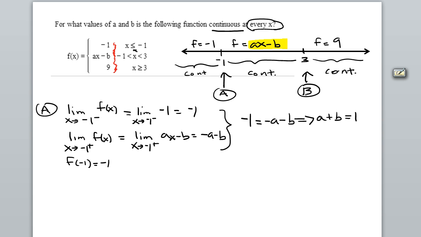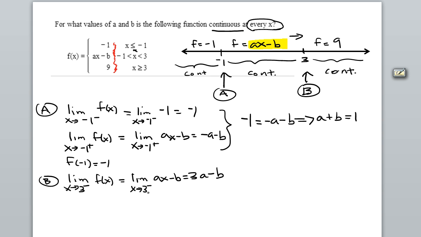Then we move to the second point here at 3. And it happens again. The limit as we approach 3 from the left-hand side, we have to use the ax minus b function. And that's equal to plugging in a 3 for x. We get 3a minus b.